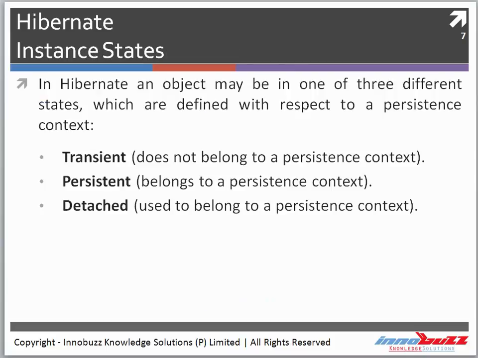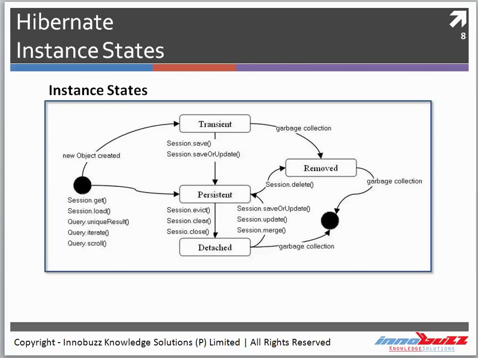Hibernate defines and supports the following object states: transient, persistent, and detached. Let's take a look at the state diagram of such states. As you can see on the picture, when a new object is created, it's in transient state. If the save or saveOrUpdate method is called, then the object passes to the persistent state.